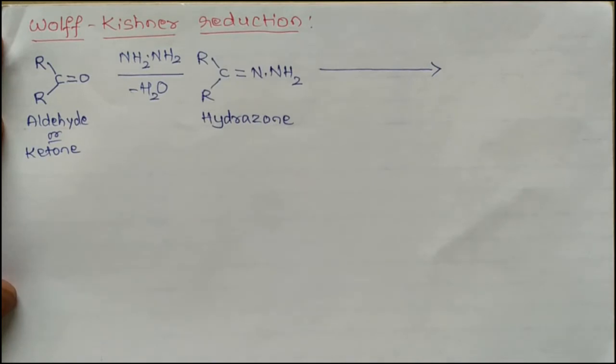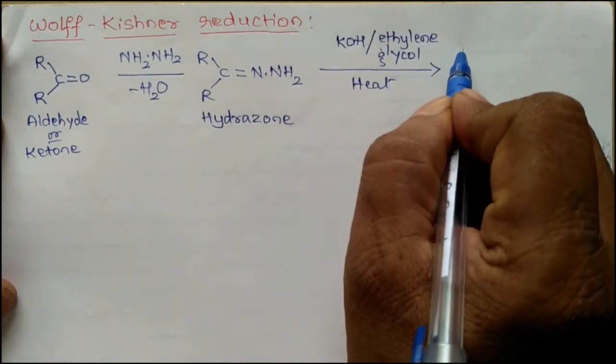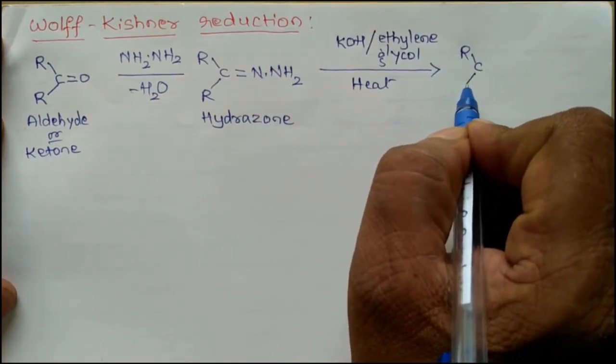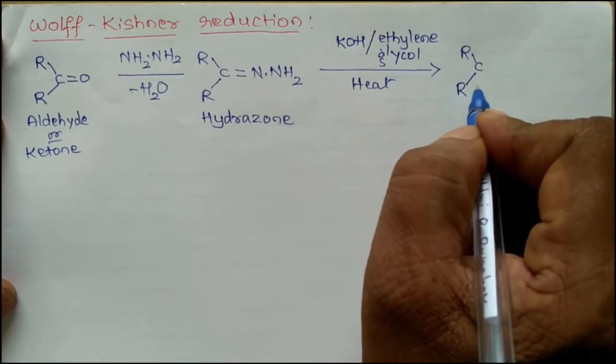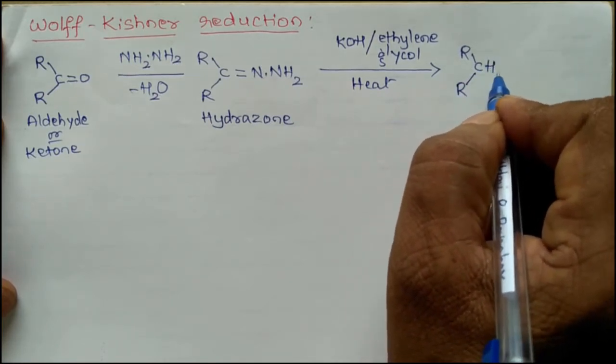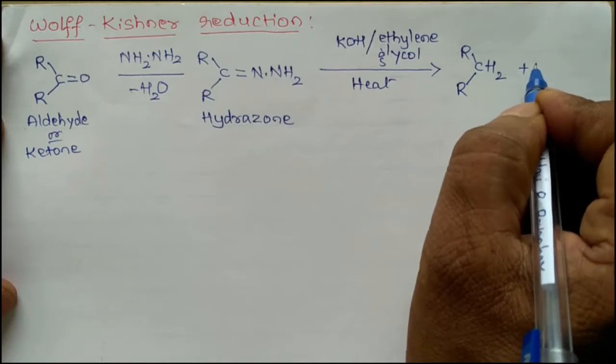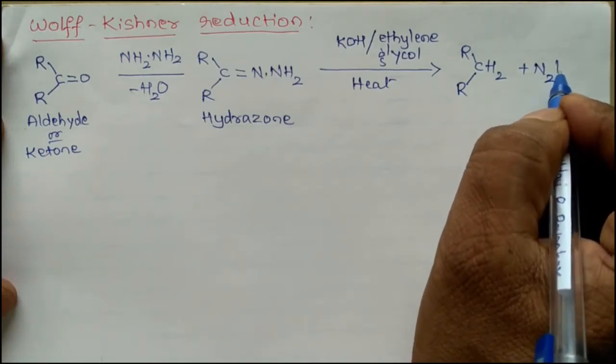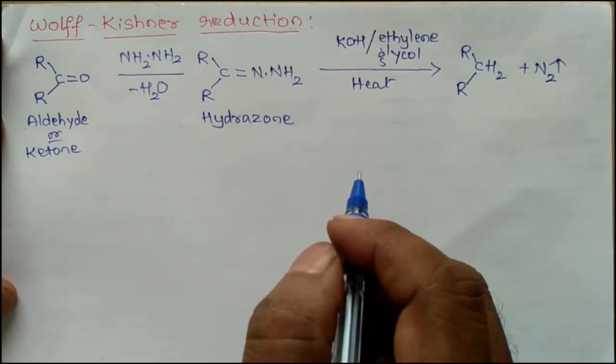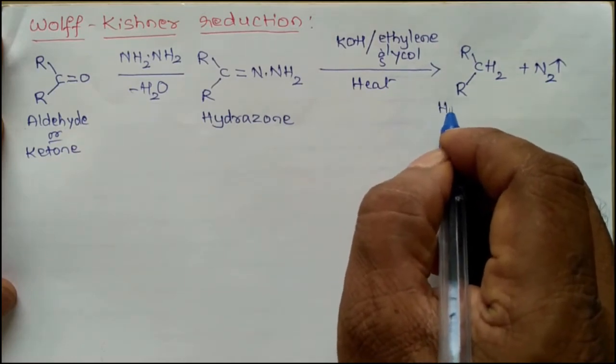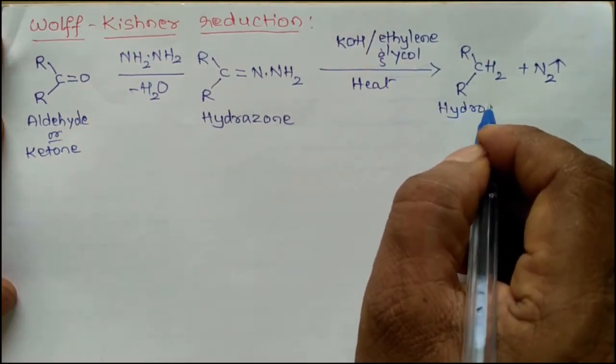This hydrazone is heated with sodium or potassium hydroxide in high boiling solvents such as ethylene glycol. Hydrocarbons are formed, R CH2 R. This particular reaction is known as Wolff-Kishner reduction.